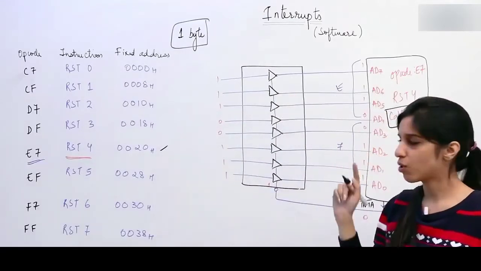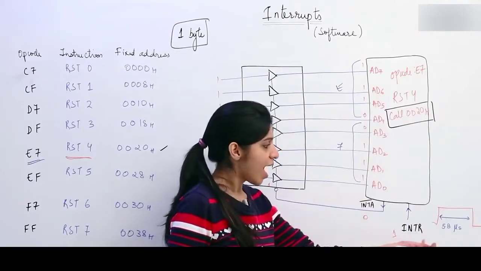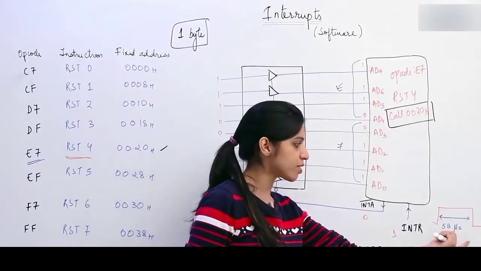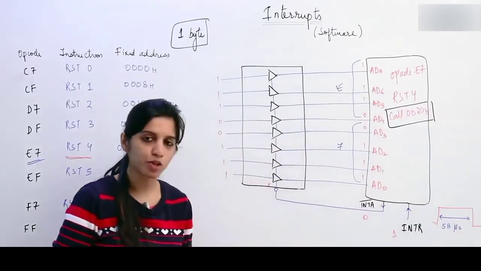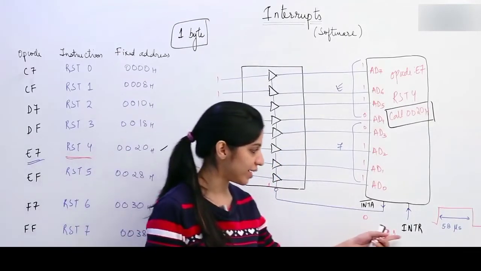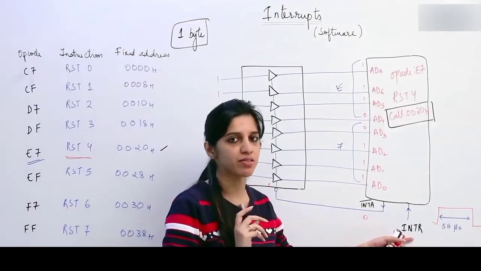One more thing that you can note here is that this INTR has to be a minimum pulse of 5.8 microseconds. Why so? See, the microprocessor is going to check INTR before the last pulse of the current instruction.